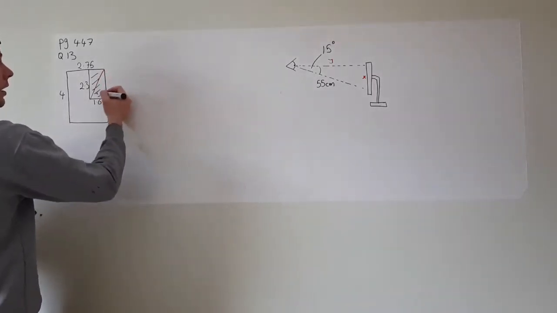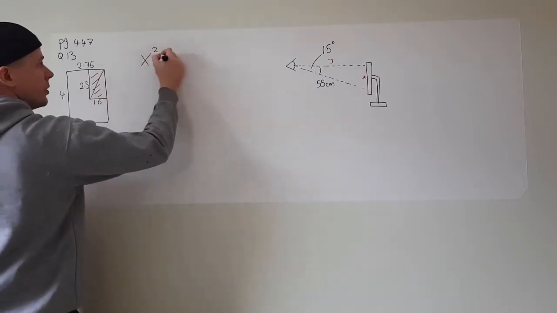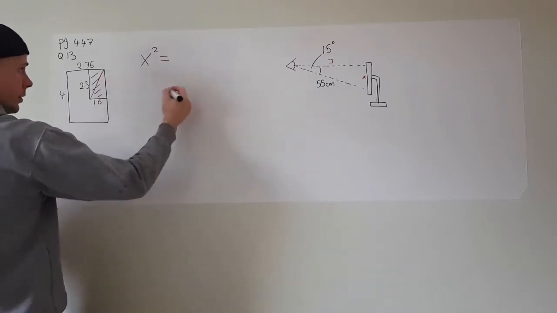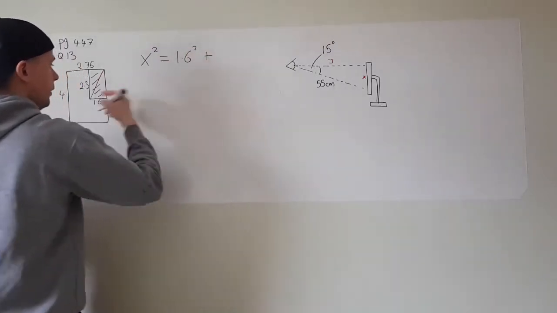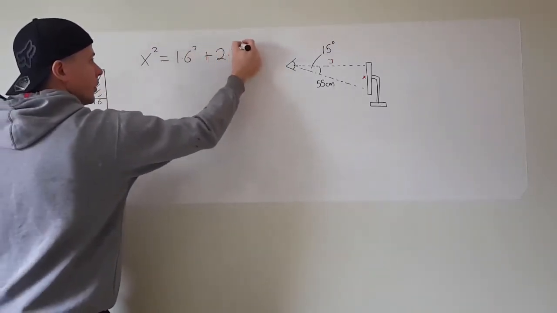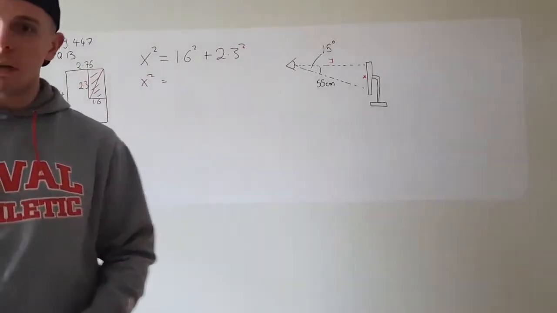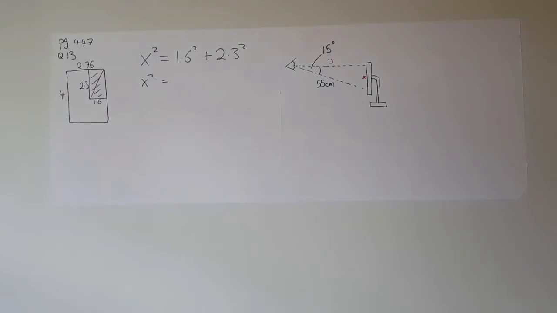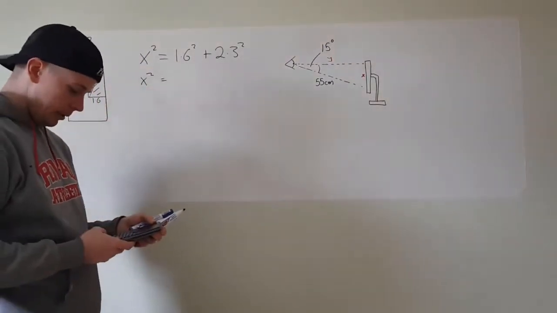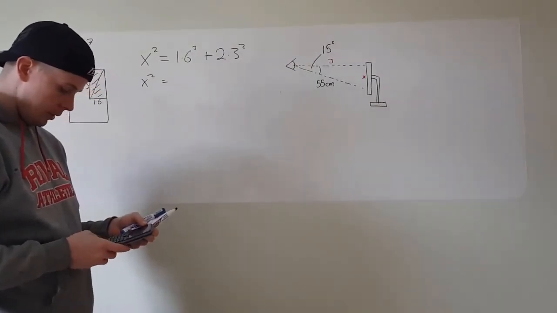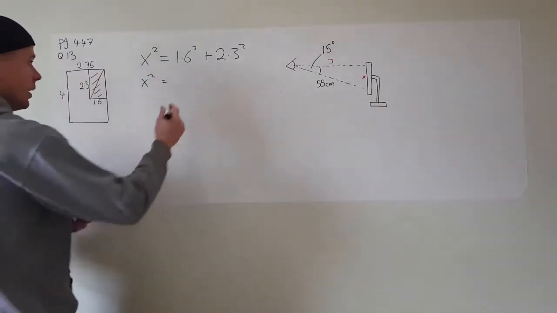Okay, so here's my right angle triangle. The length of the hypotenuse is what we're trying to find, so we're going to call that x. The hypotenuse squared is equal to the sum of the other 2 sides squared. 1.6 meters squared, 2.3 squared. So x squared is equal to the sum of those 2 sides squared, and get the calculator. 1.6 squared plus 2.3 squared, and I'm going to get 7.85.